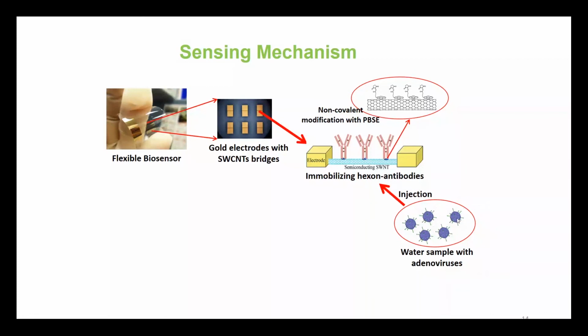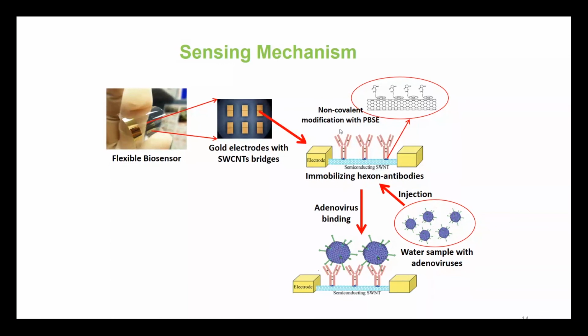After the immobilization part, we just inject the water sample on top of the device, and then the adenovirus binds to the antibodies. Actually, this is not to scale, you know, the antibodies are much smaller. And think about it, we have the antibodies all around the carbon nanotube, in a three-dimensional shape, just full of antibodies.